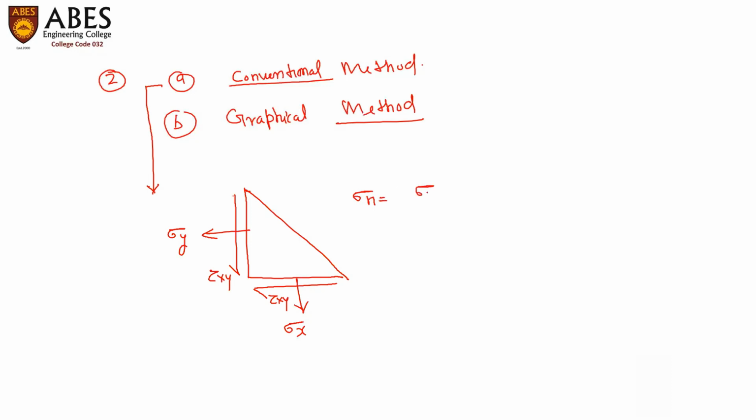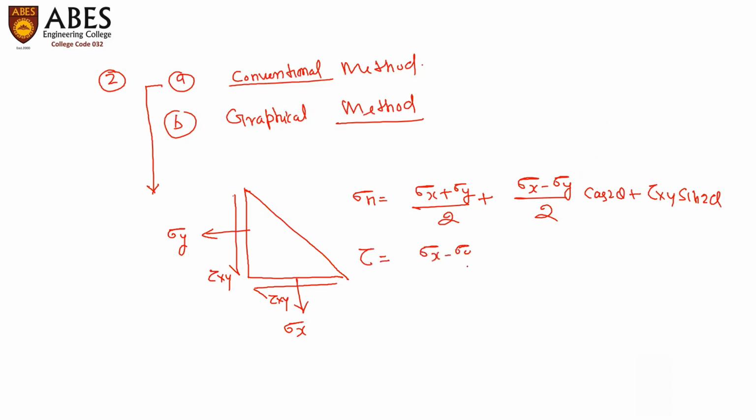Sigma n is equal to sigma x plus sigma y divided by 2, plus sigma x minus sigma y divided by 2 cos 2 theta, plus tau xy sin 2 theta, while tau on that particular inclined plane is equal to sigma x minus sigma y divided by 2 sin 2 theta minus tau xy cos 2 theta. That is the general result for this particular body.